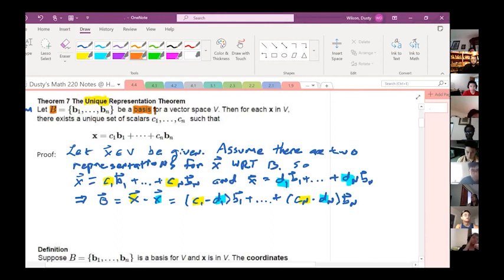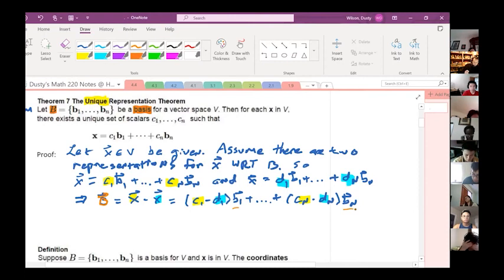That's the first one. And it spans the space. So here we have an equals 0, which means we have a homogeneous equation, and we have vectors b1 to bn that are linearly independent.